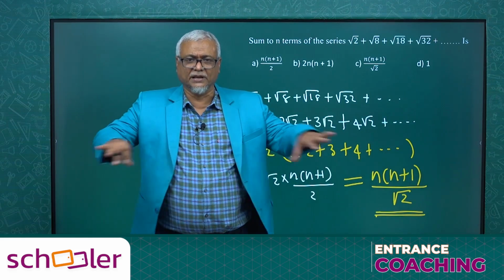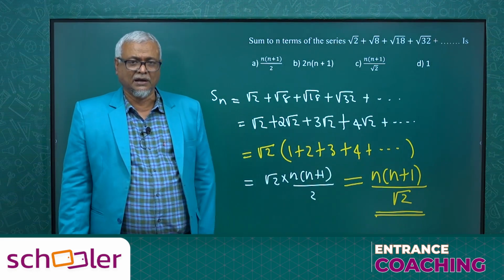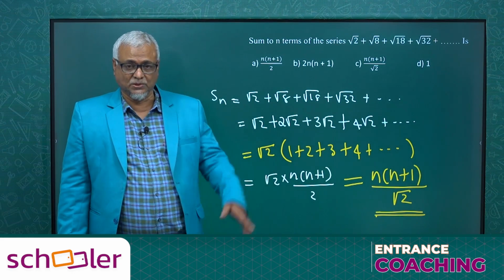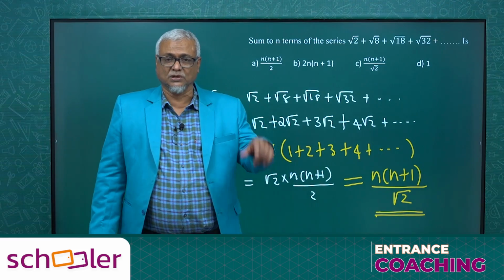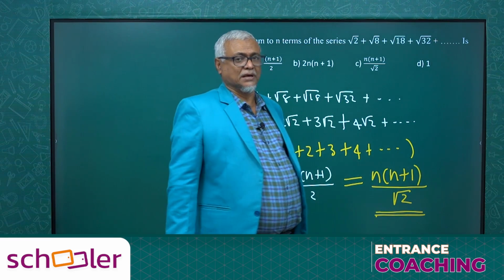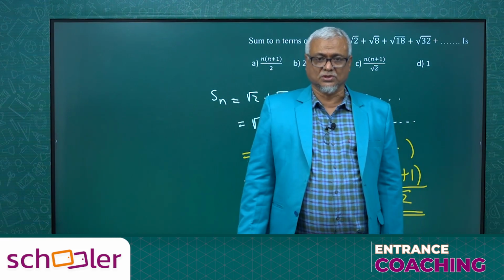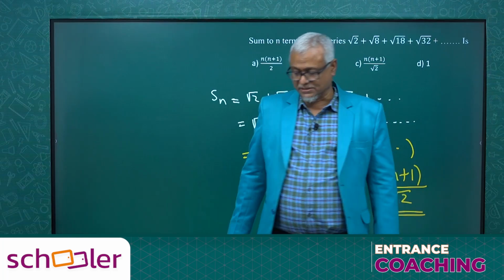Inside the bracket we get the sum of the first n natural numbers. We write the formula n into (n plus 1) by 2 and cancel root 2, because 2 is equal to root 2 into root 2. So the final answer is n into (n plus 1) by root 2. Go to the next question.